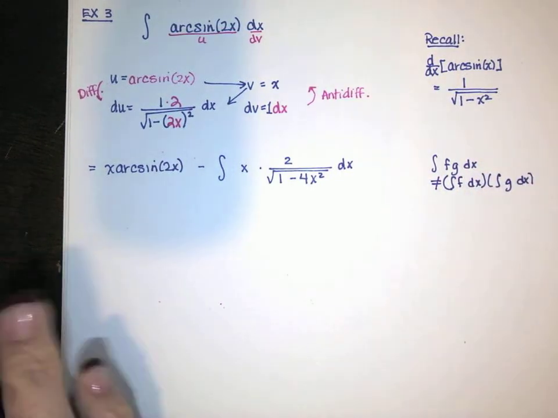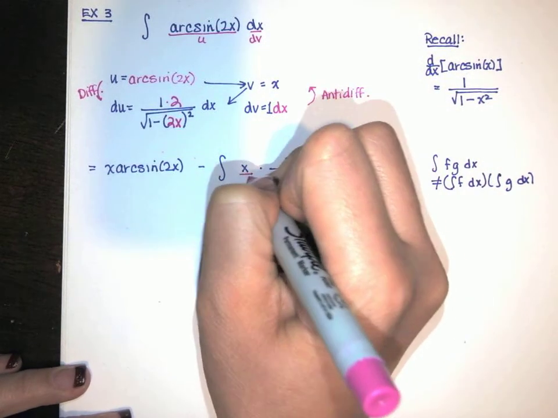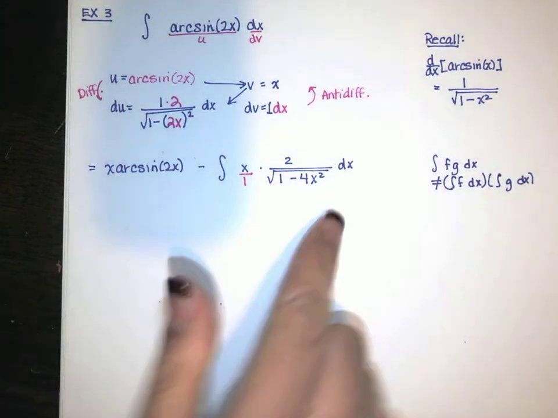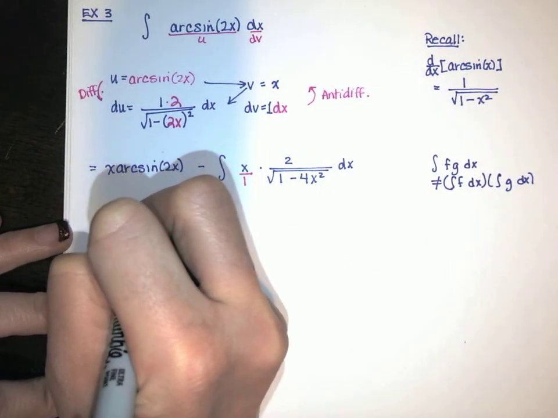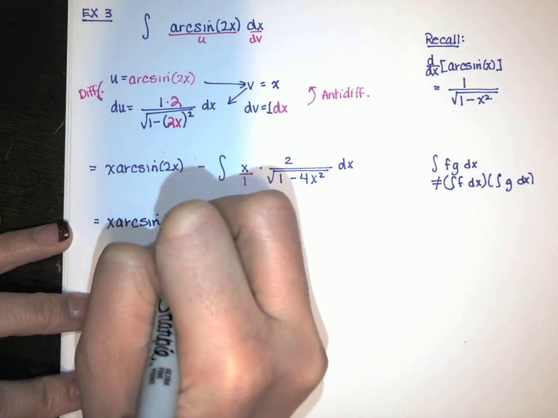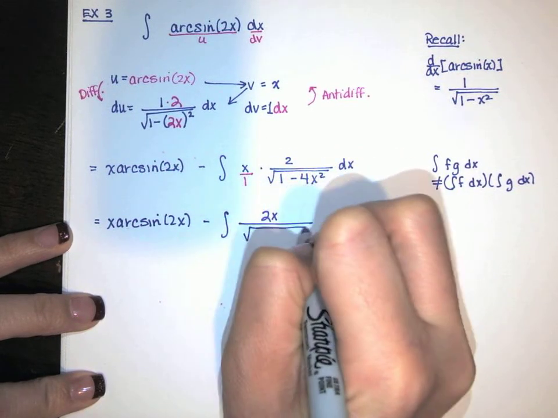You can't just take the antiderivatives and multiply them. It's not legal. But you can remember that x is itself over 1 and then multiply straight across. And my hope is, after writing it in that new form, you'll see what rule from Calculus 1 we can use in order to evaluate this antiderivative.